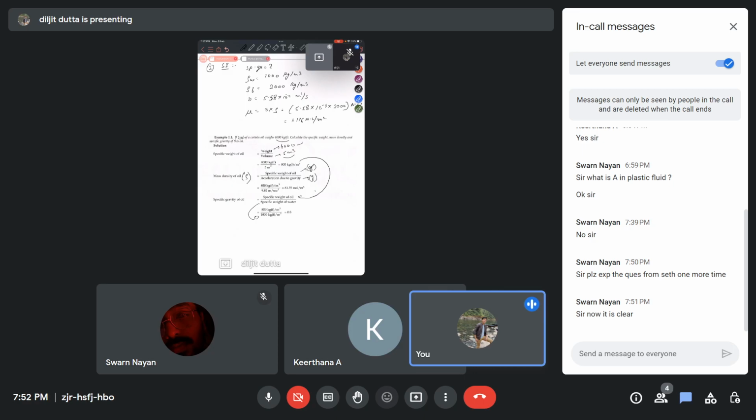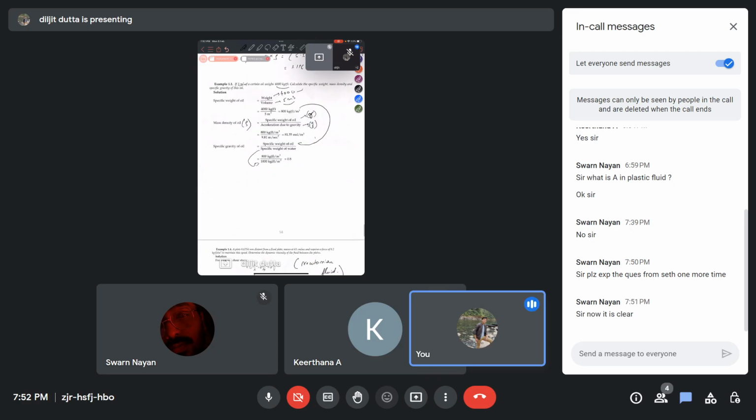Again, mass density is rho. Density is given as specific weight divided by acceleration. I have explained before also, specific weight equals rho into g, which is also equal to weight divided by volume. Weight is m into g divided by volume. Mass equals rho into volume, into g divided by volume.